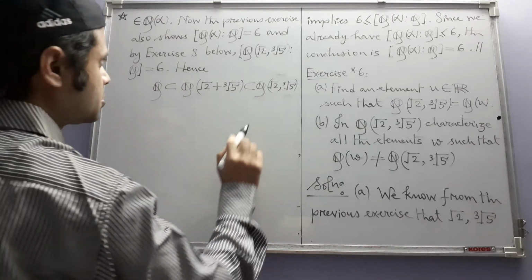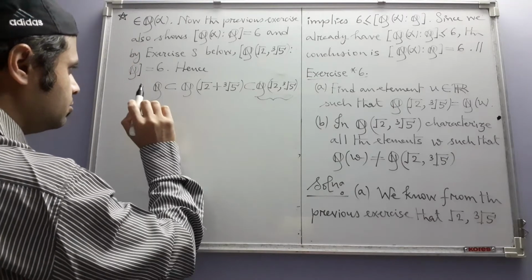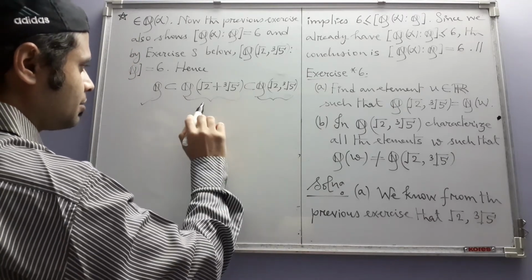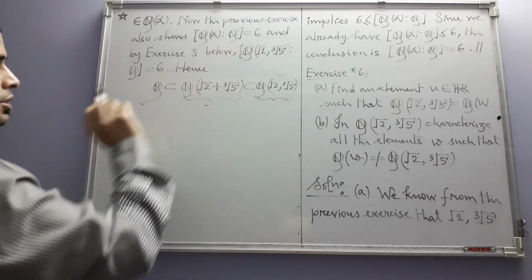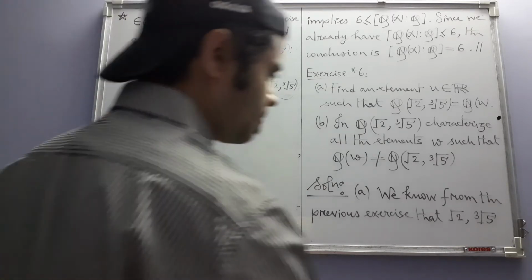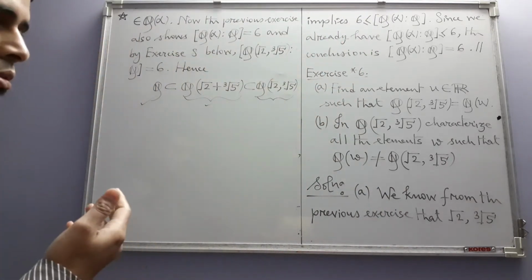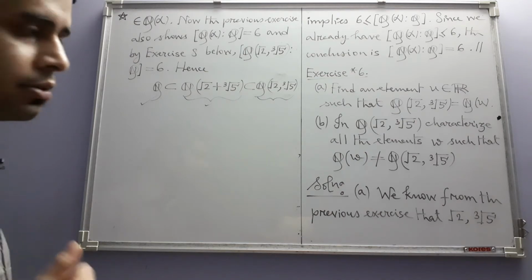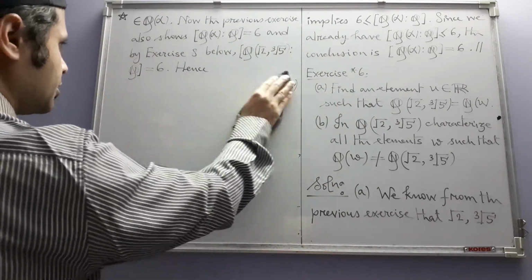So that means this is a vector space over Q, this is a subspace over Q, and they have the same dimension, which is 6. So they must be equal. A proper subspace of a vector space always has a strictly smaller dimension, provided we are talking about finite dimensional vector spaces.